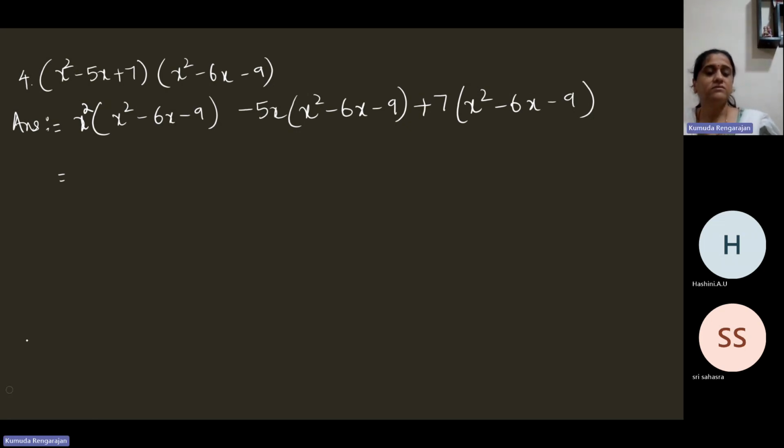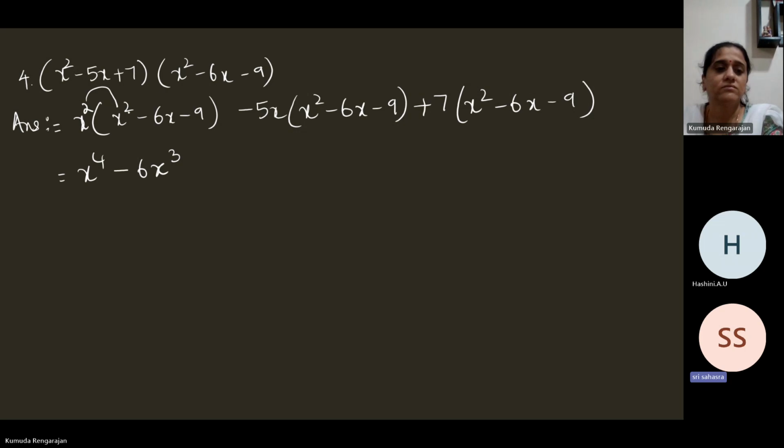Yeah, Sahasra, read it out. Tell me. X square into x square, x to the power 4. Next, minus 6x to the power 3. Minus 9x to the power 2.